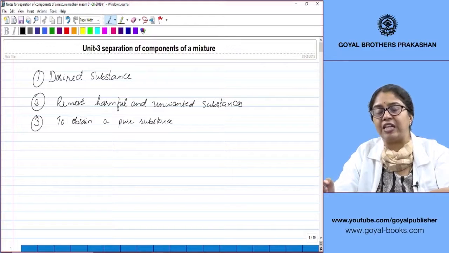Then, what are the various techniques? There are a number of techniques available to separate the components of a mixture. Which technique we use depends upon certain things.